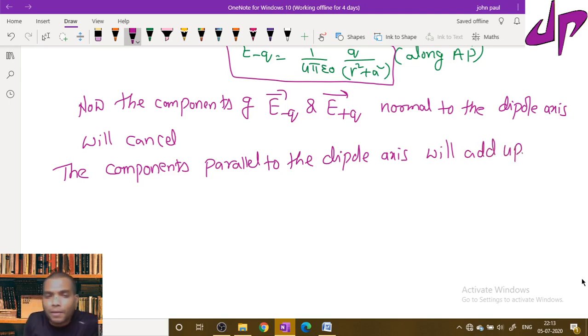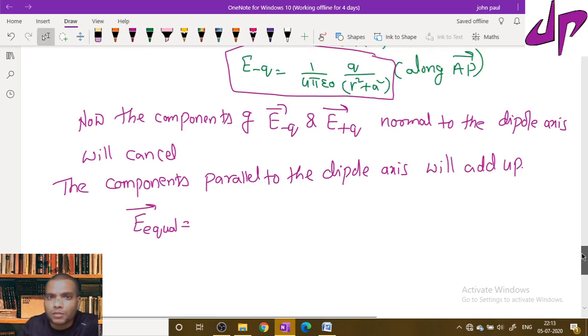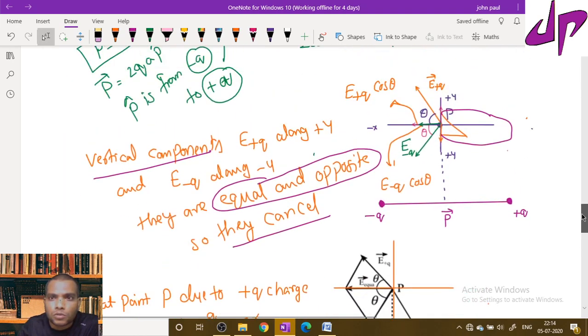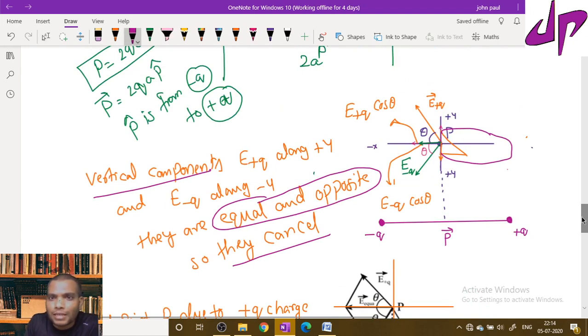If they add up, we need to write the total electric field at the equatorial point. So I can mention E equatorial, the electric field due to the equatorial, equal to these two components, which are the cos components. So these two components are E plus Q cos theta and E minus Q cos theta.